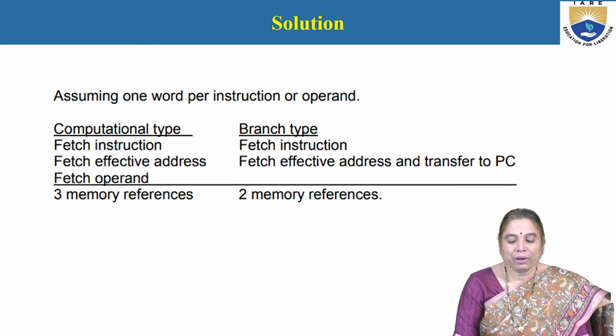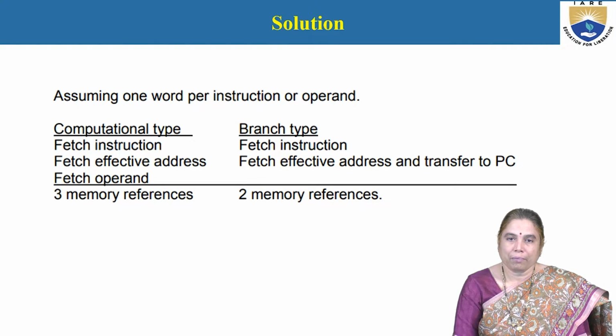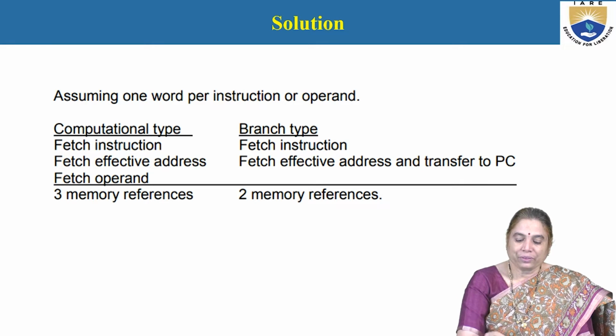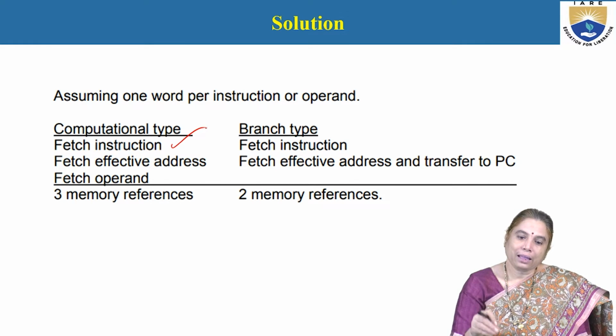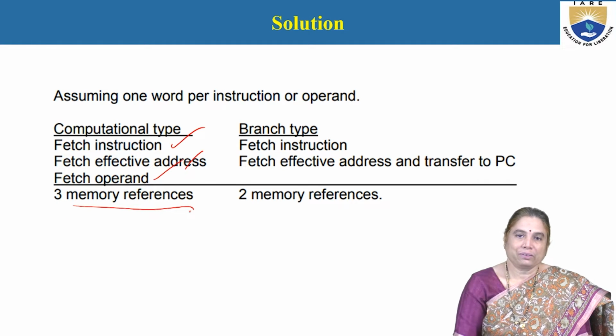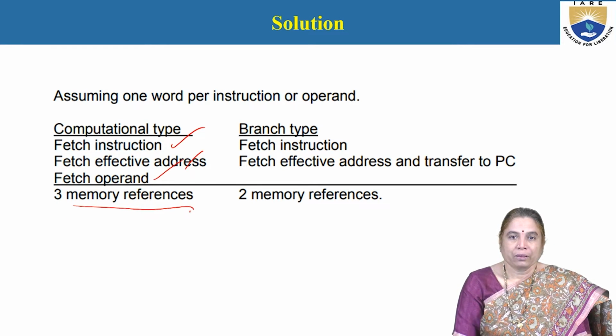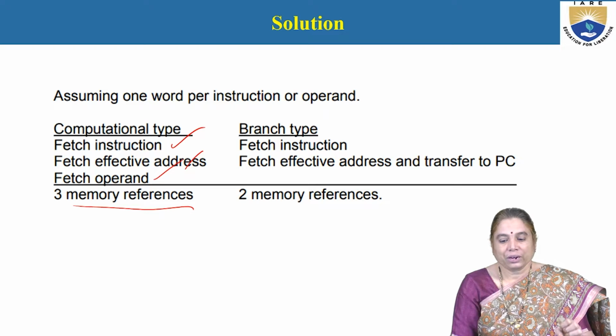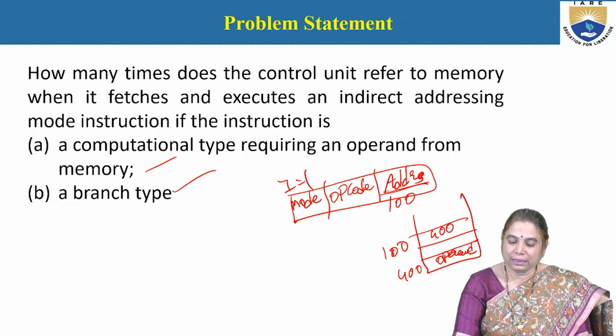So, assuming one word per instruction or operand, in case of computational instructions: fetch the instruction, fetch the effective address, fetch operand. So, 3 memory references can be required. Here the instruction has to be stored in this format in the instruction register.